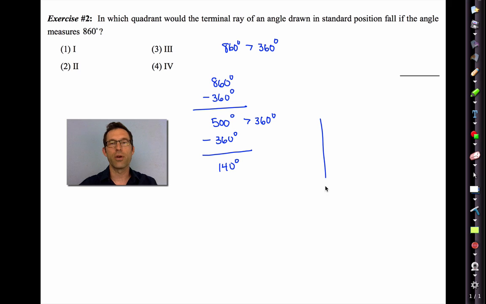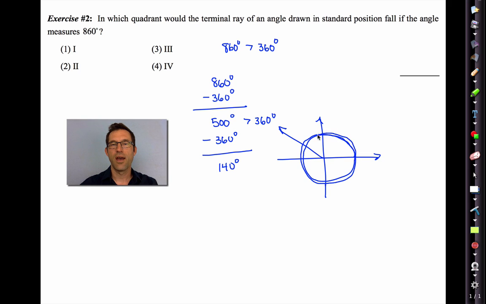Now 140 will be coterminal, and it will end up looking something like this. Now again, this is the idea. 360, another 360, and then a 140, right? And that ends up being in quadrant 2.